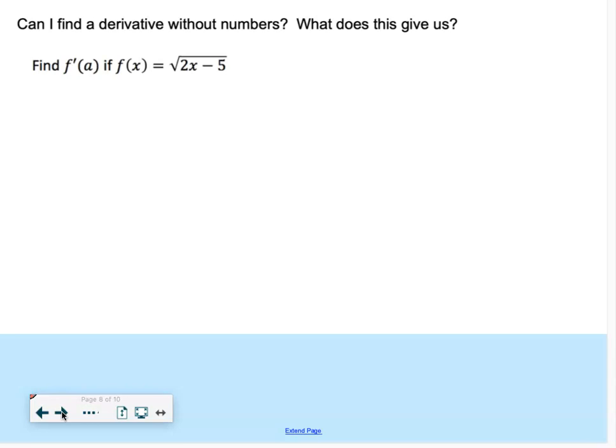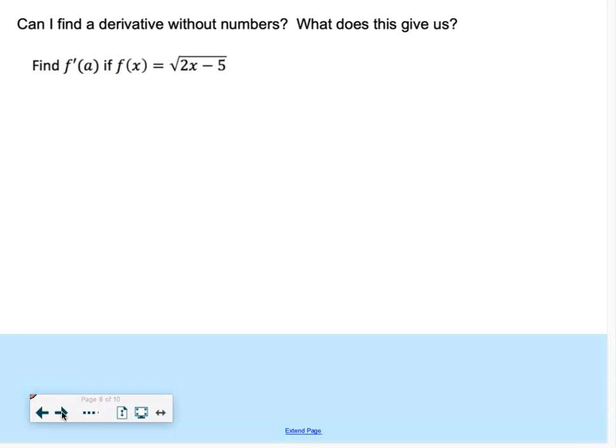So here's the thing. You have to find the derivative without any numbers. So instead of finding the derivative at x equals 2, you're finding the derivative at x equals a. So instead of putting in a number, you're just going to use the letter a.